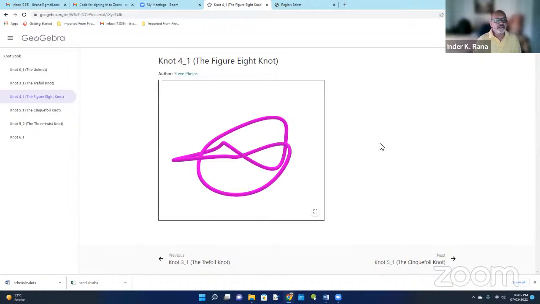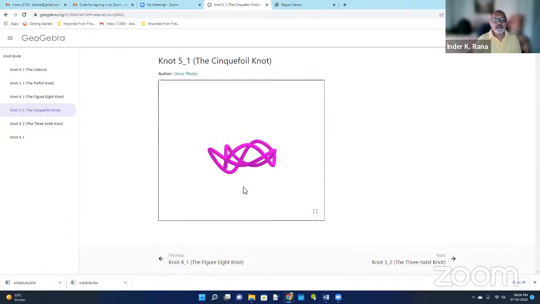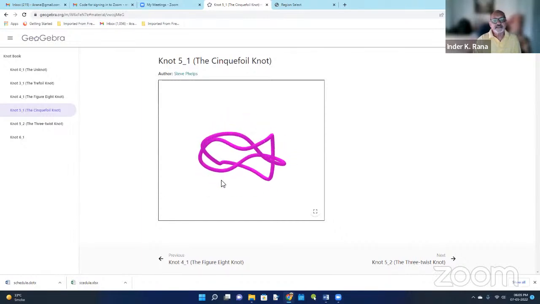So many things are possible with GeoGebra. I have not explored everything on GeoGebra on this, but for knot theory and enticing students to do something, it will be very interesting.